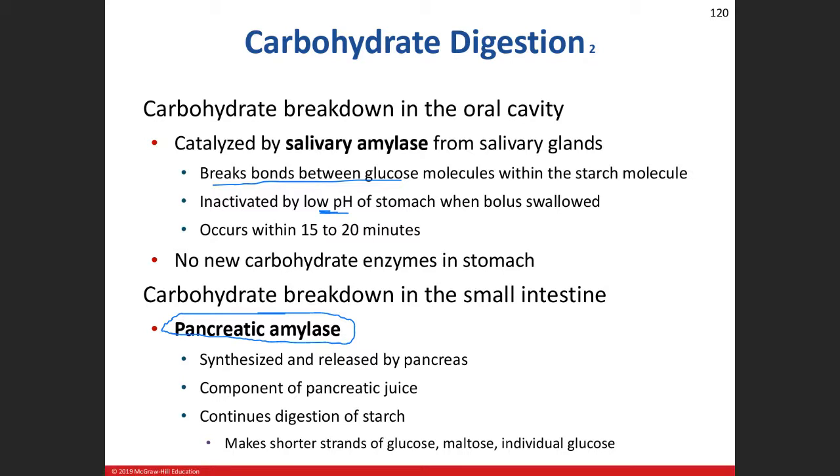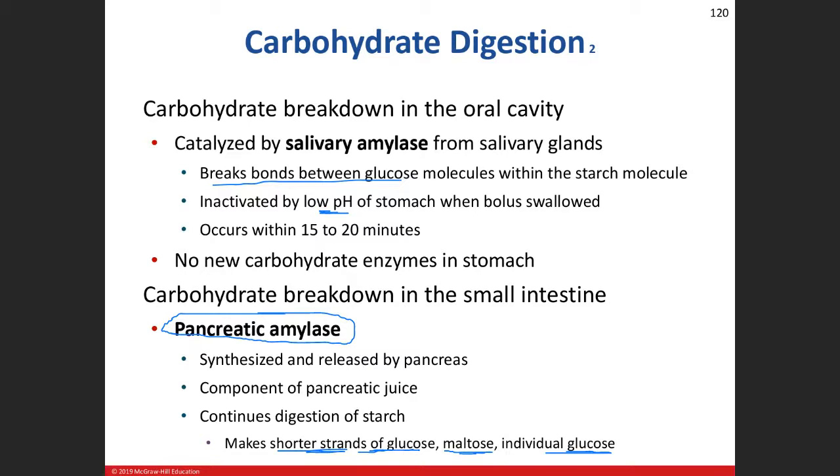In the small intestine, we are going to make that starch into much shorter strands. It can be individual glucose, or maltose, which is two glucose molecules bonded to one another, a disaccharide, or shorter strands of repeating glucose, because starch is usually just glucose strands strung together.